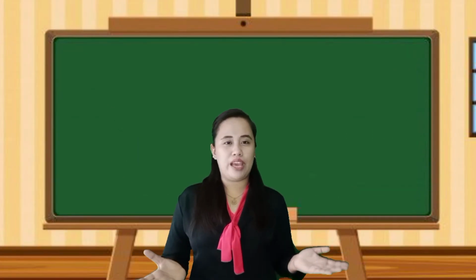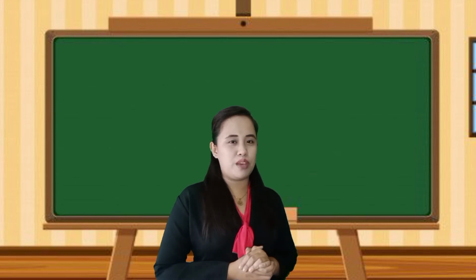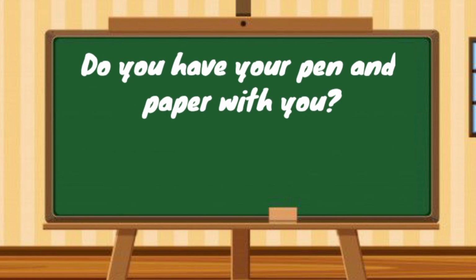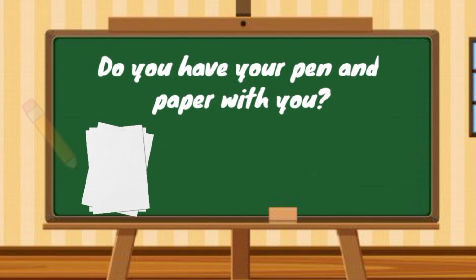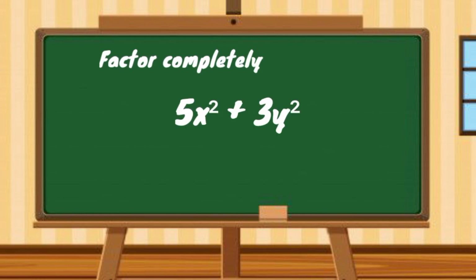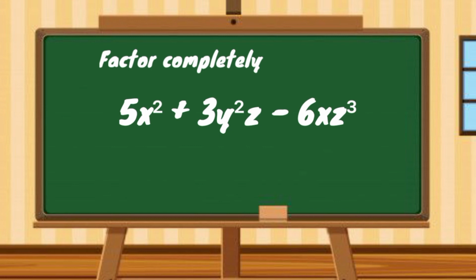I hope you have your pen and your paper with you because you're going to solve with me for our last example. We have here 5x squared plus 3y squared z minus 6x z cubed.